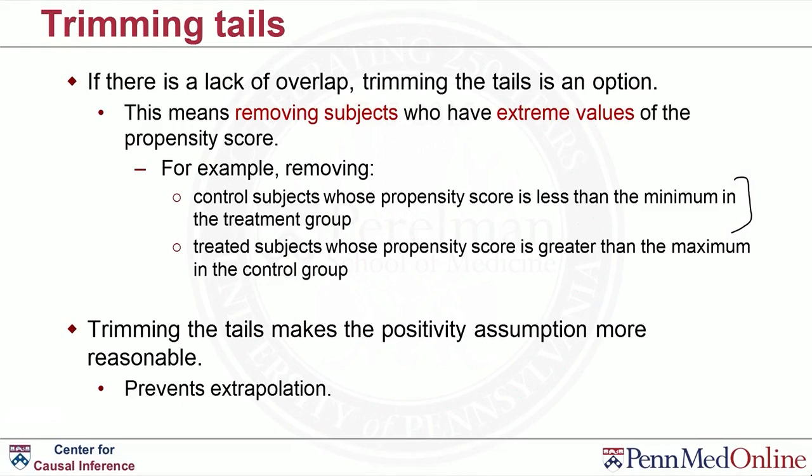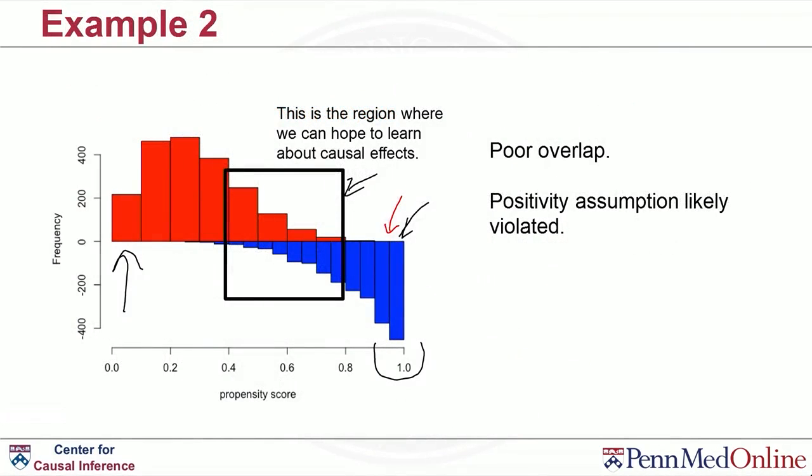Remember that we expect treated subjects to have higher propensity scores in general than the control group. So if we think about a control subject whose propensity score is less than the minimum of the treatment group, those are people who would be out in this area, and we would want to remove them. That's one option.